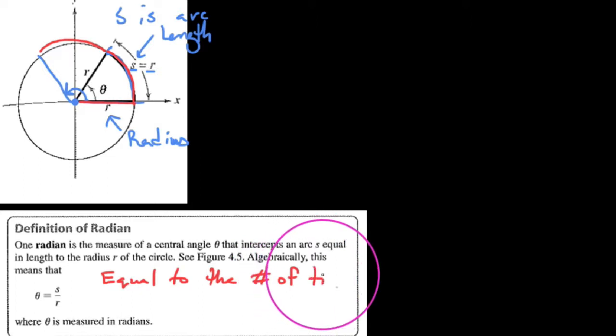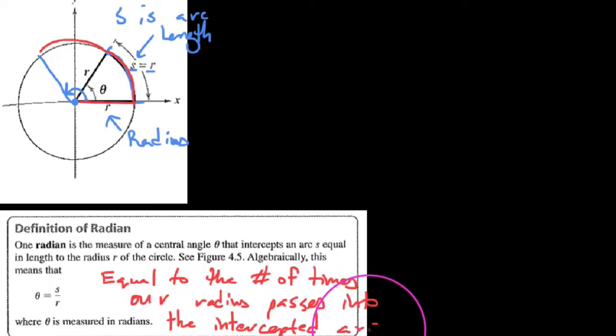So by definition, the measurement of an angle in radians is equal to the number of times our radius passes into the intercepted arc.